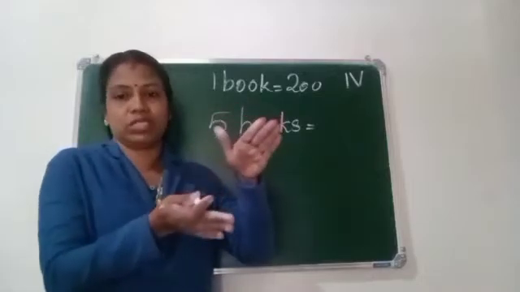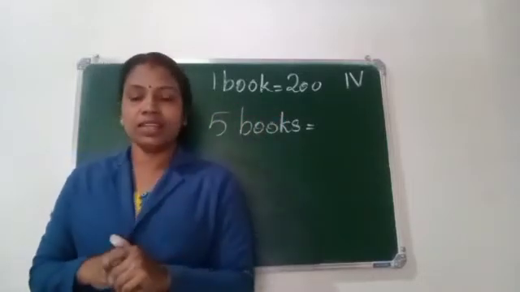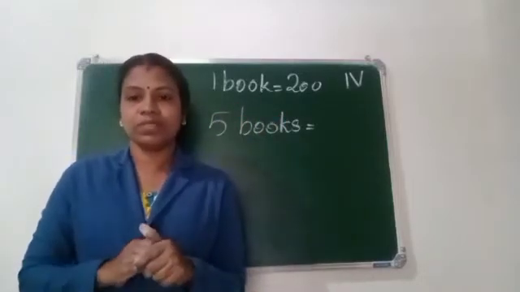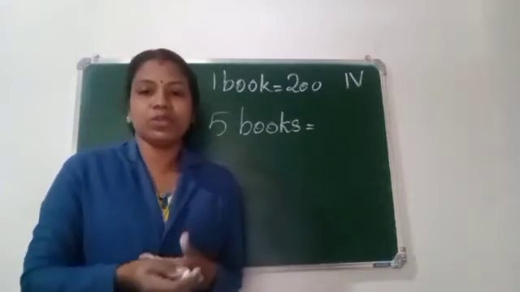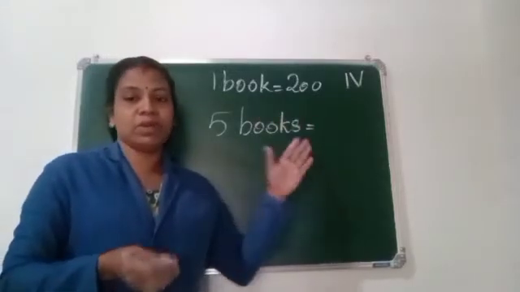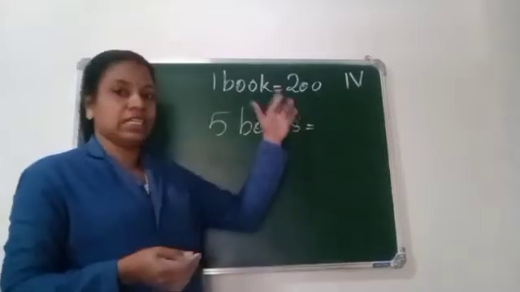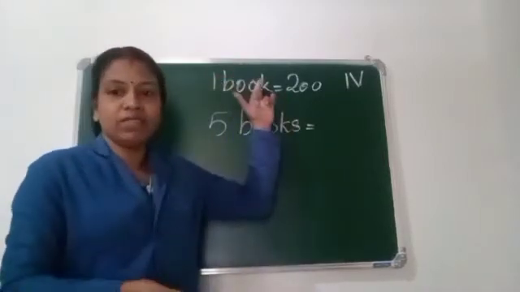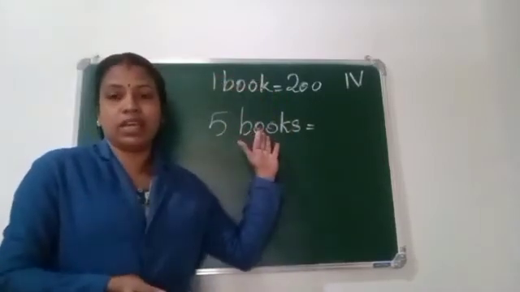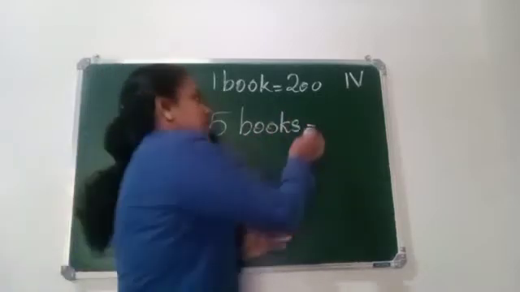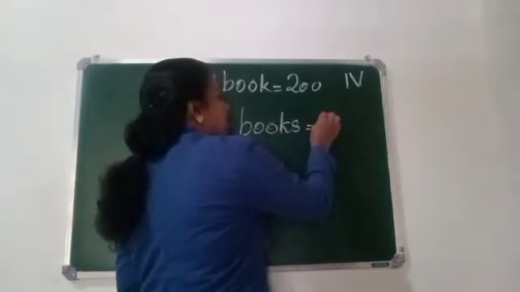What do you do? Yes, we have to multiply the numbers because we want to find more quantity. Here 1 is given and we want to find 5 more.